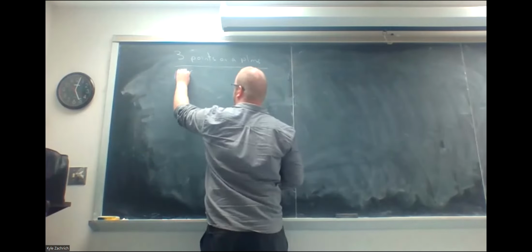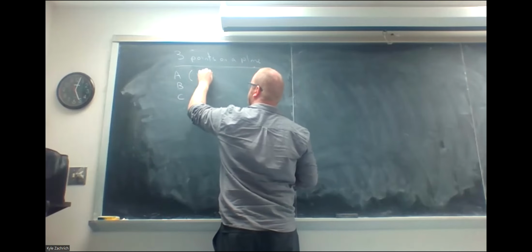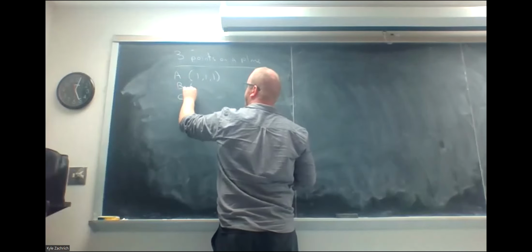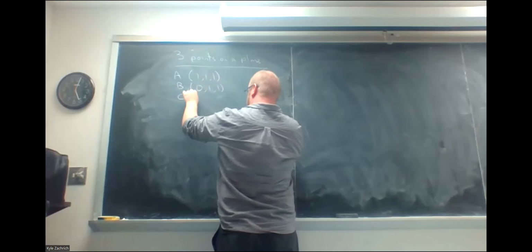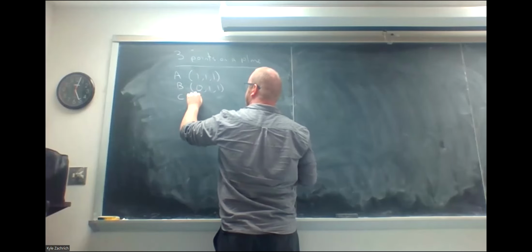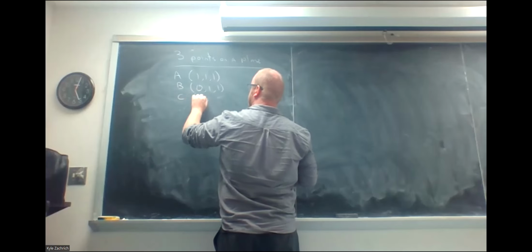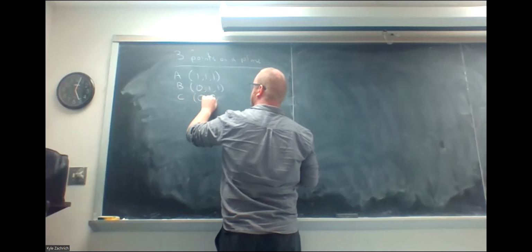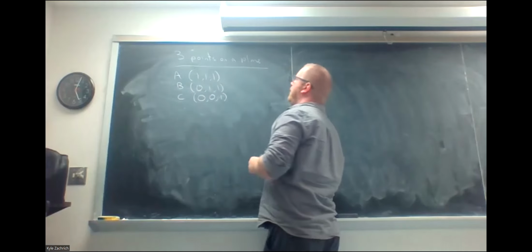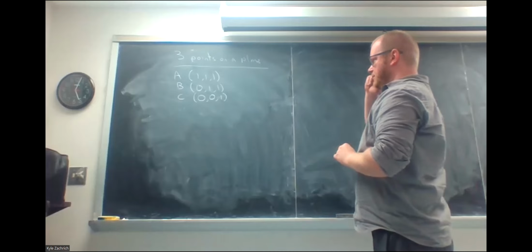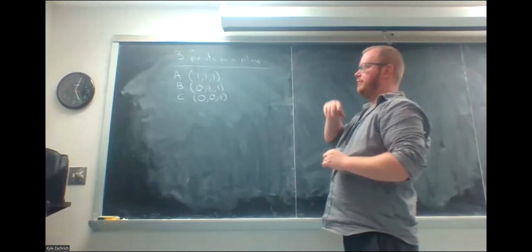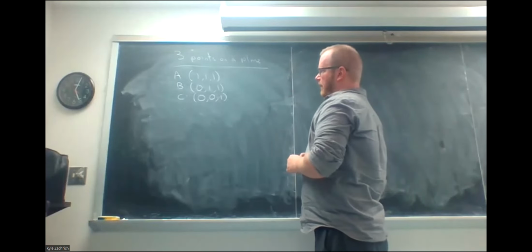So let's say they're 1, 1, 1; 0, 1, 1; and 0, 0, 1. So these are 3 points on the plane here.